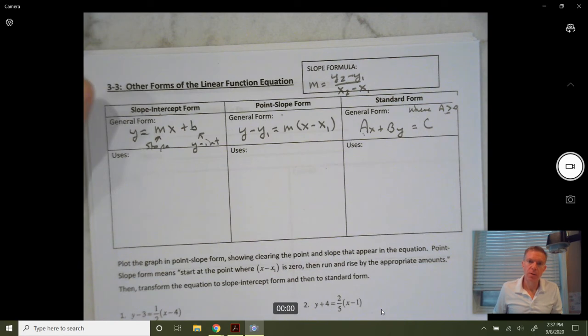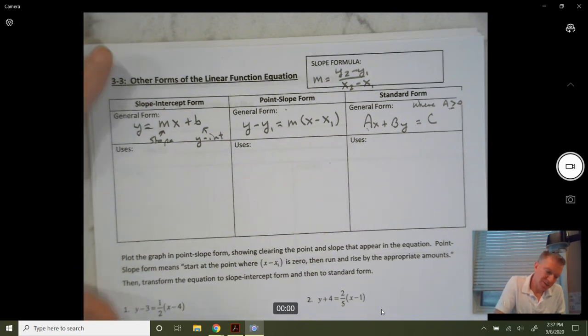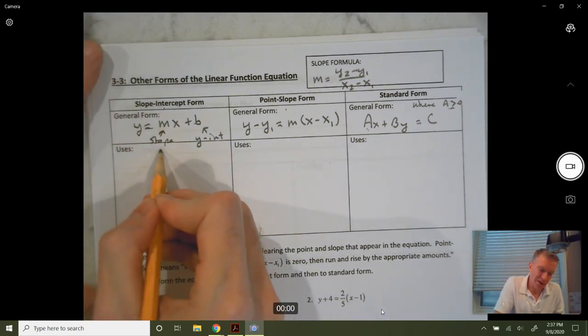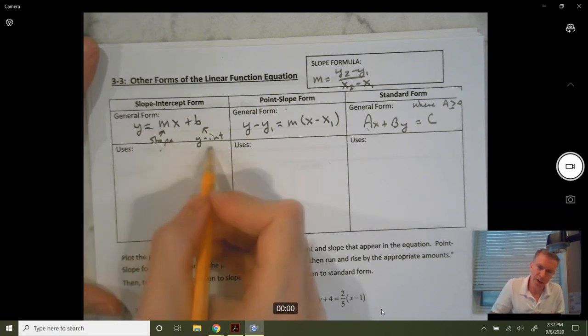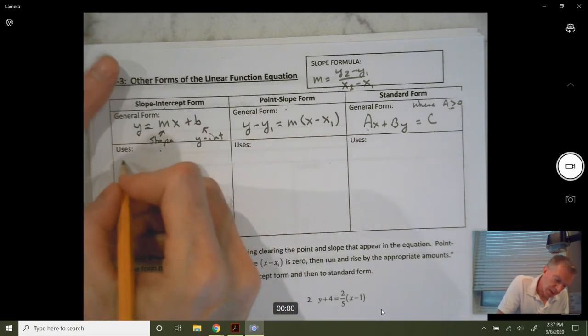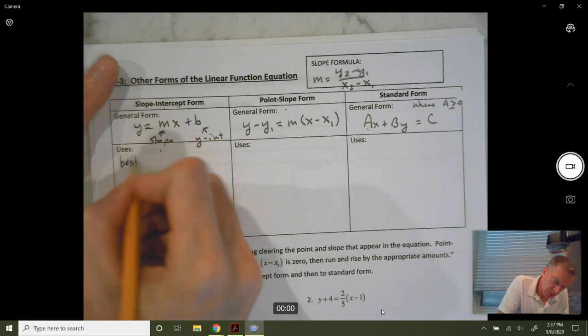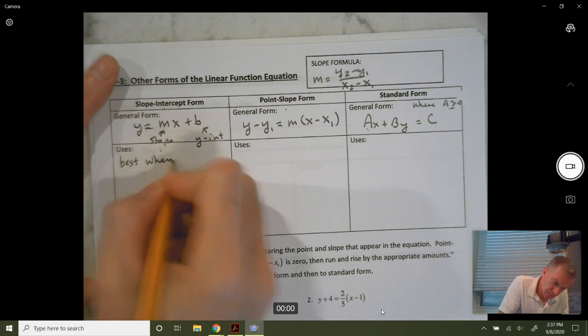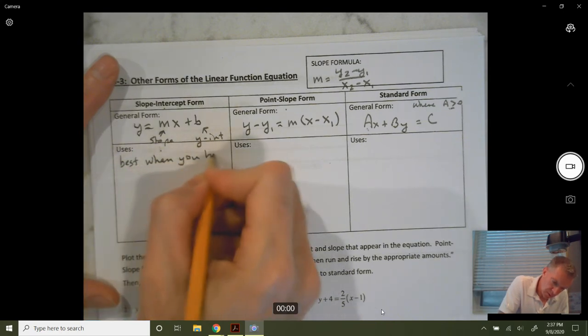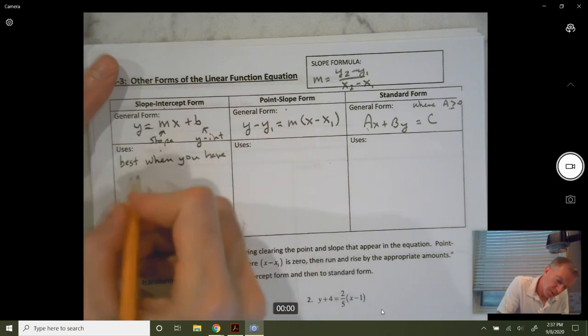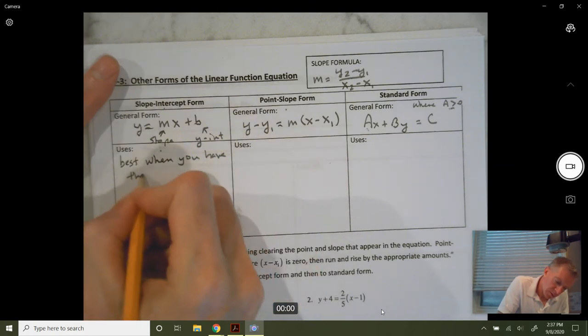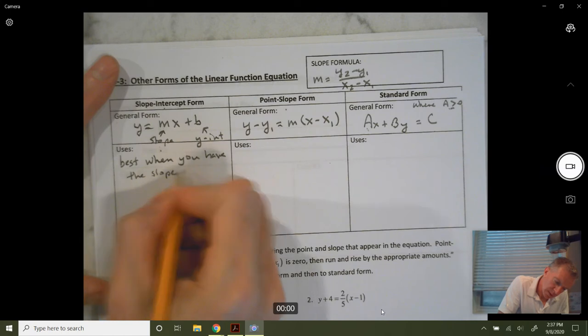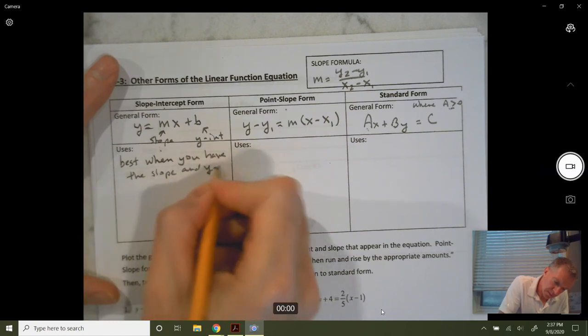Okay, so what are the uses for all of these? Well, this one is most useful when you know the slope and the y-intercept.